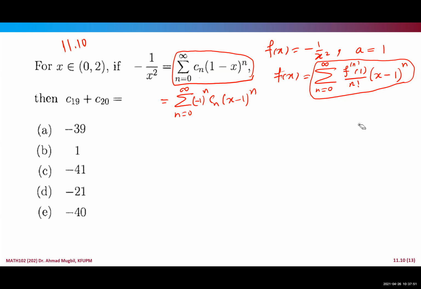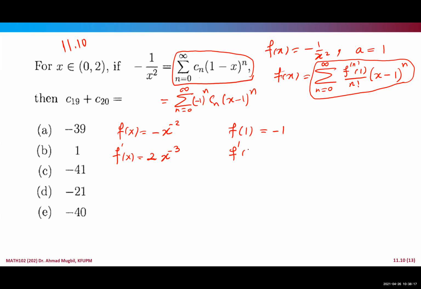Okay, now we will do the formal way. I have f of x equals negative x to the power negative 2. What is the value of the function at 1? It is negative 1. What is the first derivative? The first derivative is negative times negative, so positive 2 x to the power negative 3.